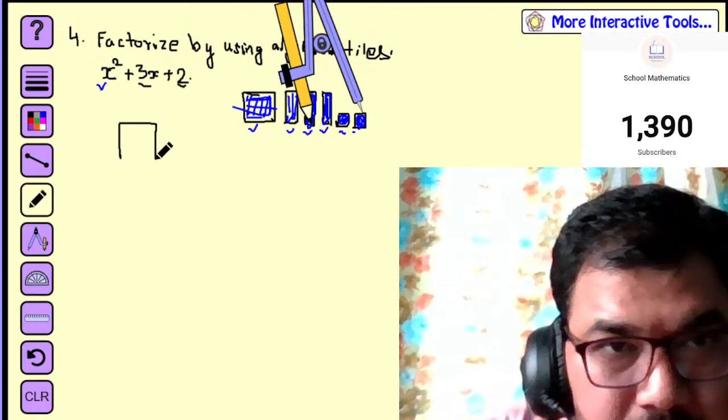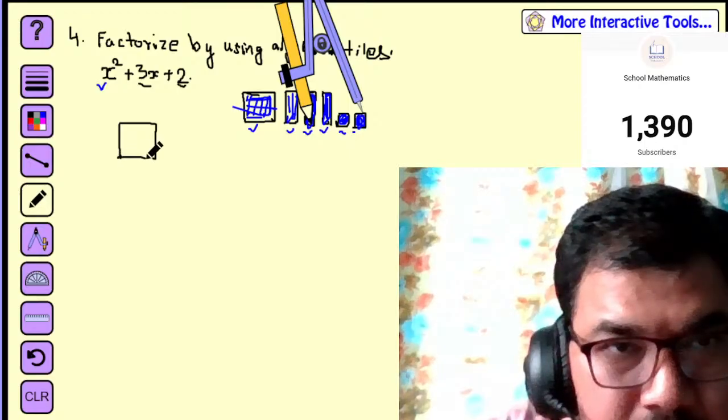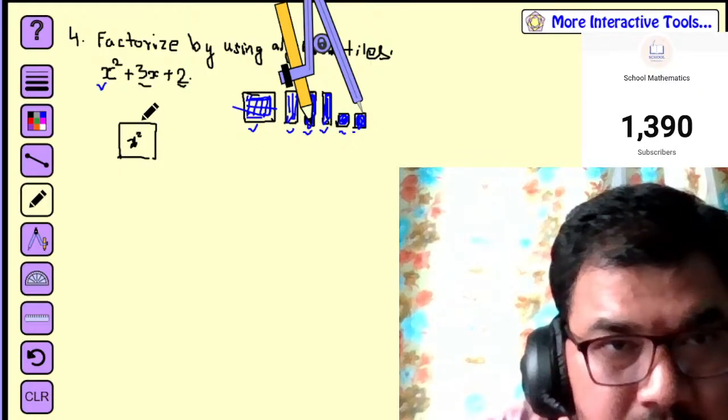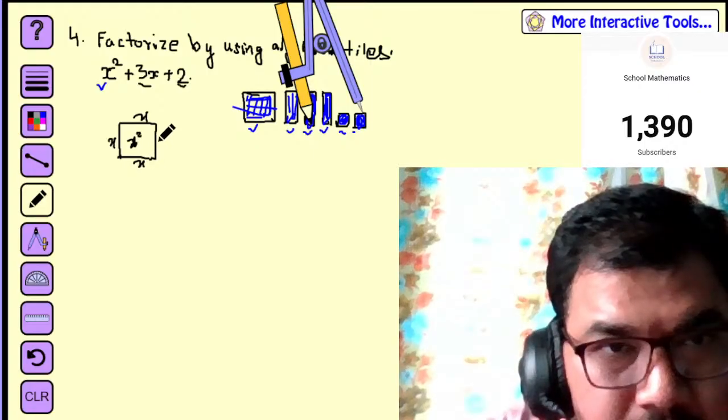This is x square. That means its length is also x, and here is also x, and here also x, we know.